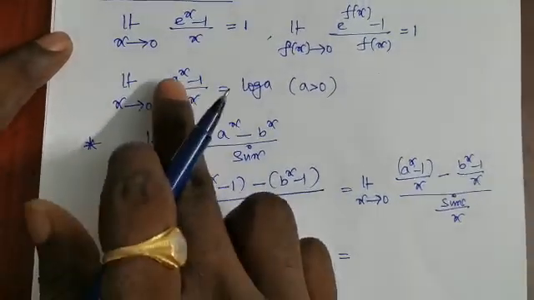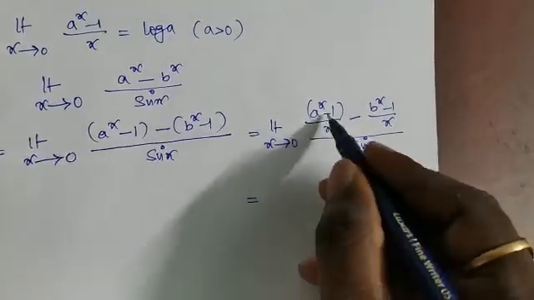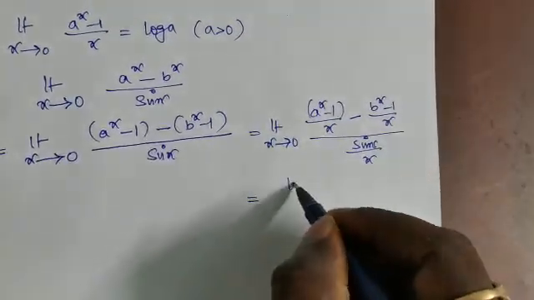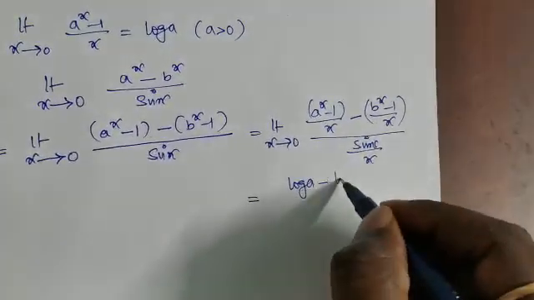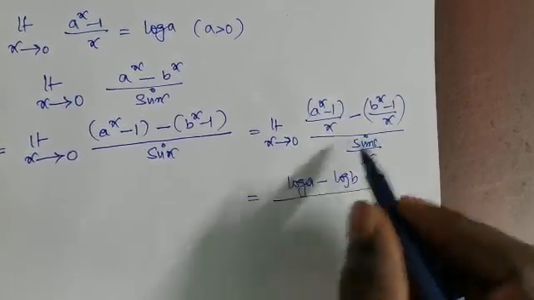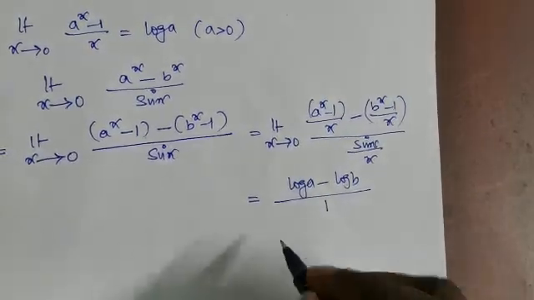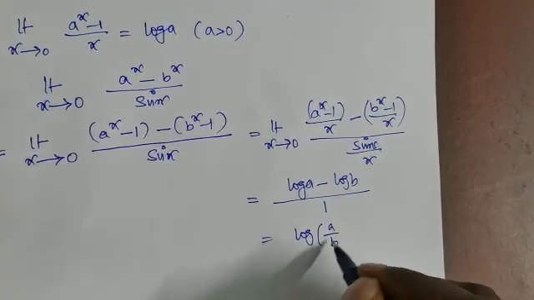Limit x tends to 0, a power x minus 1 by x is what? Log a. In a similar way, limit x tends to 0, b power x minus 1 by x is what? Log b. Divided by, we already know that limit x tends to 0, sin x by x is what? 1. So log a minus log b, that is log of a by b.